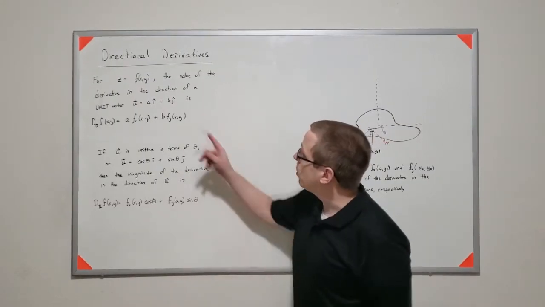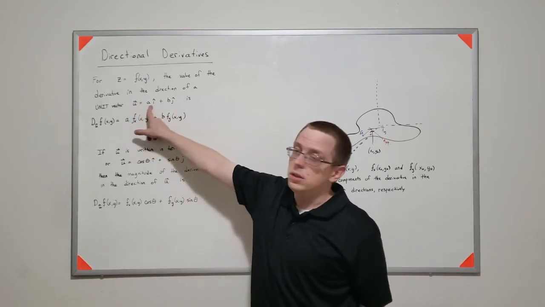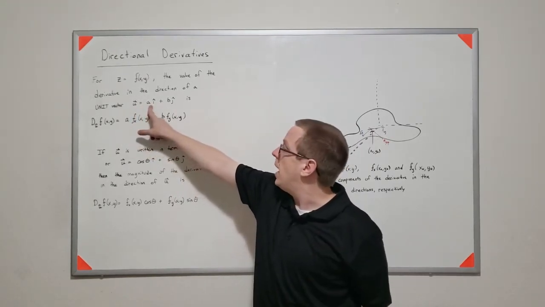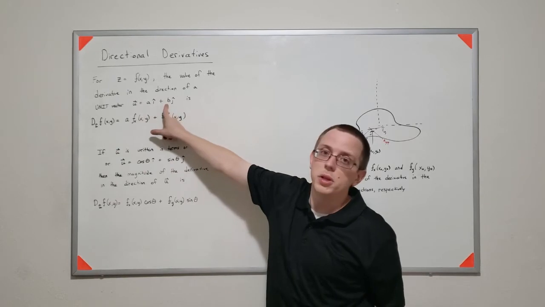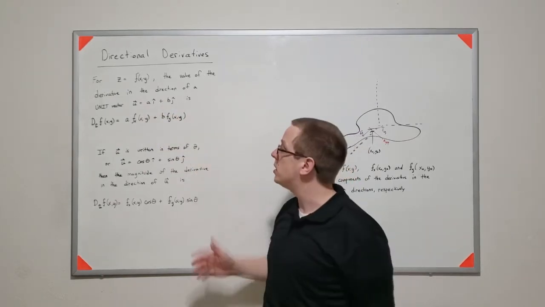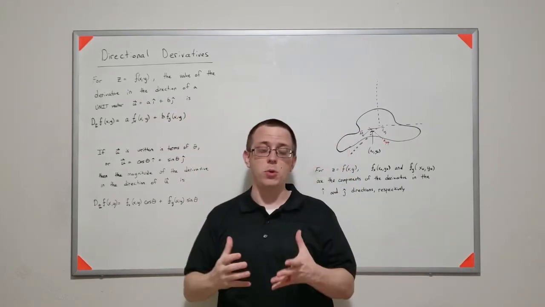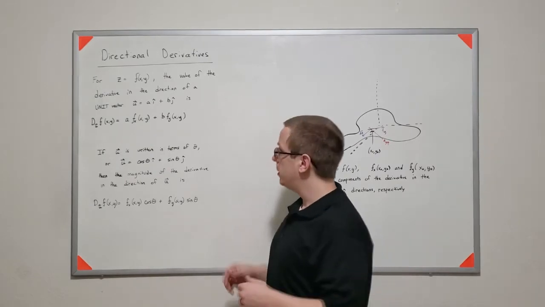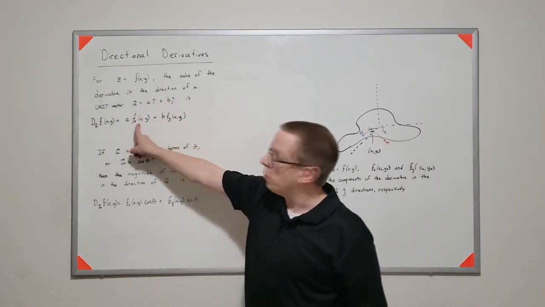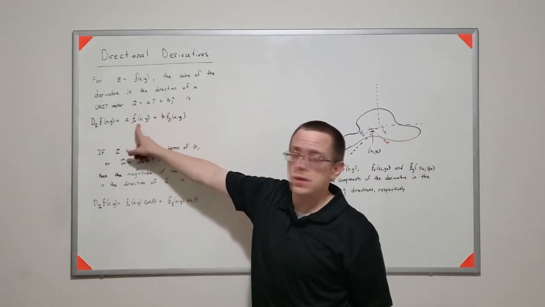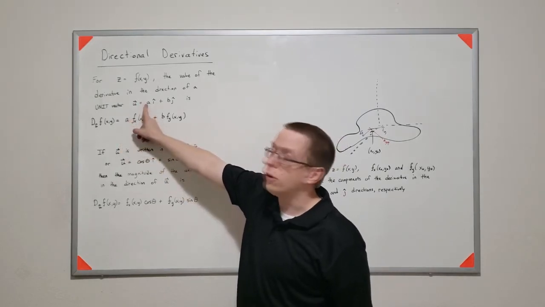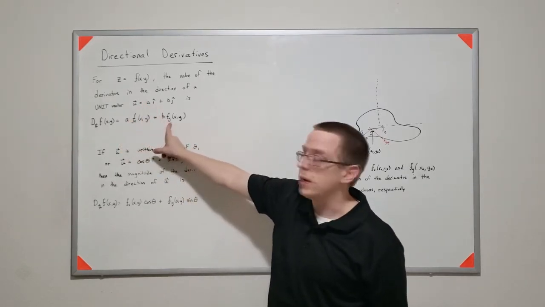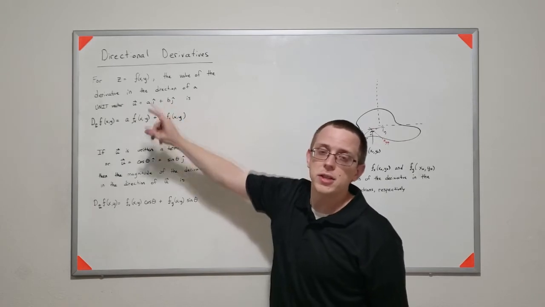If I have a unit vector described by the components ai plus bj, then the way I get the value of the directional derivative is I take the partial with respect to x and multiply it by the first component, and the partial with respect to y and multiply it by the second component.